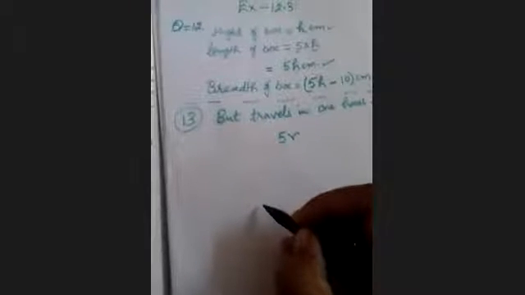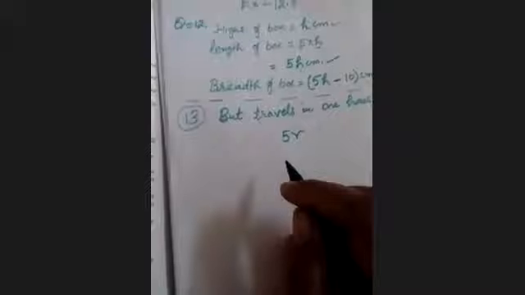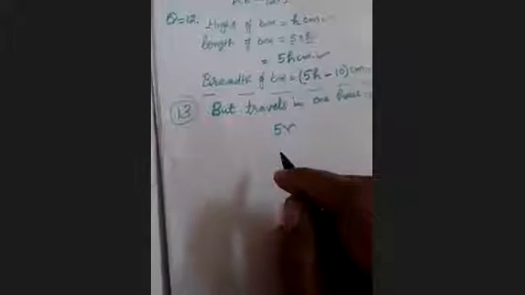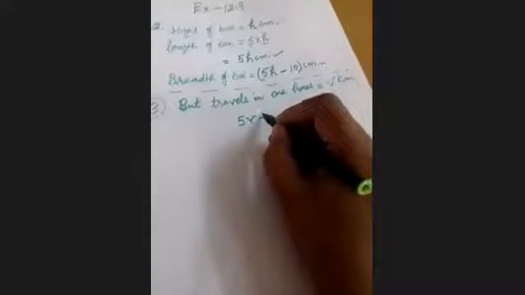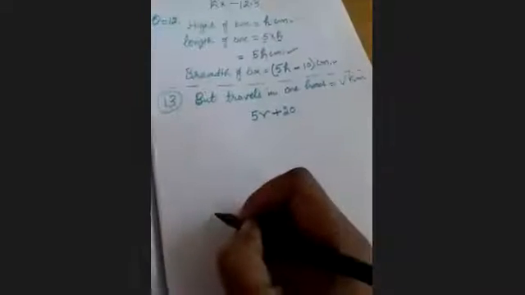Jaipur is still 20 kilometers away, so add 20 kilometers.